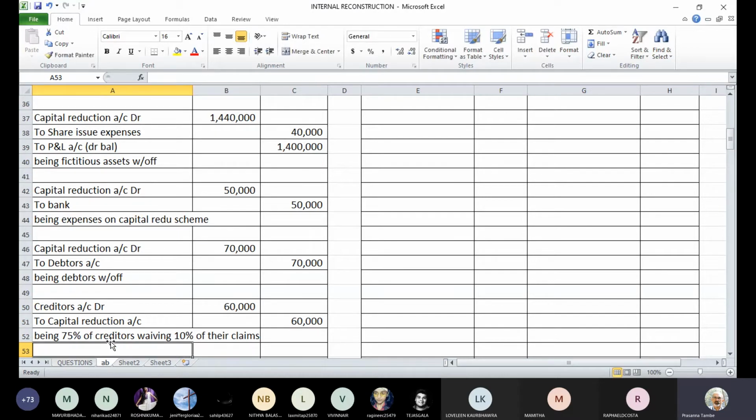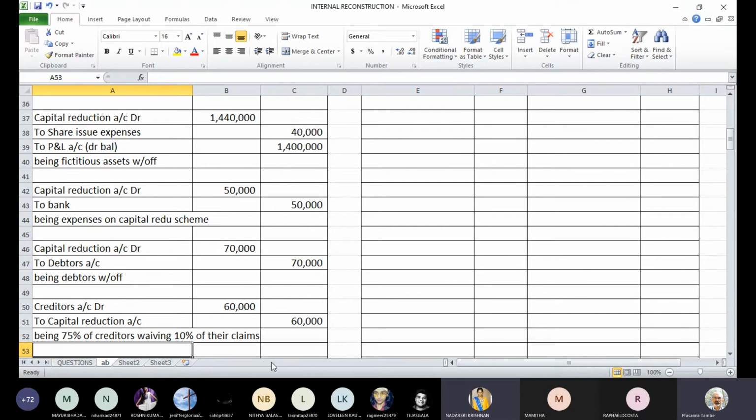Being 75% of creditors waiving 10% of their claims. Total creditors are 8 lakhs. Out of that, only 6 lakhs, that is 75% creditors, will be waiving of their claims. And then 10% of that is actually a waiver, and that amounts to 60,000. Have you understood this entry? Creditors account debit to capital reduction?